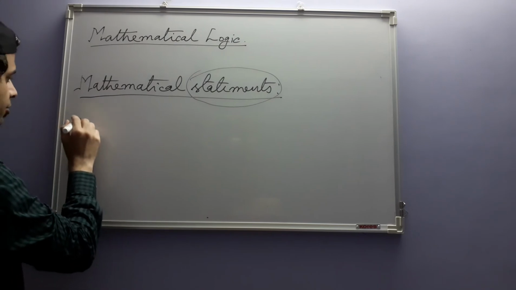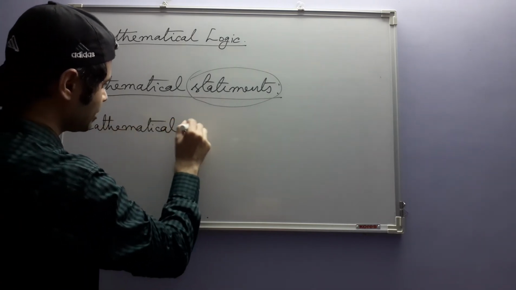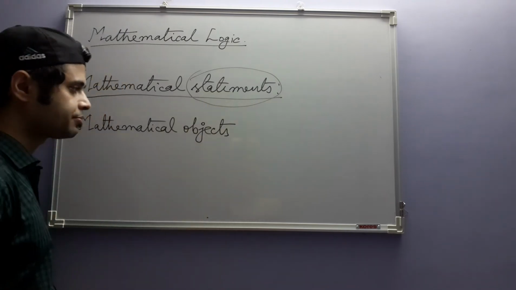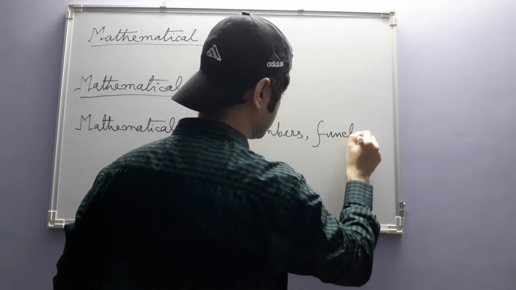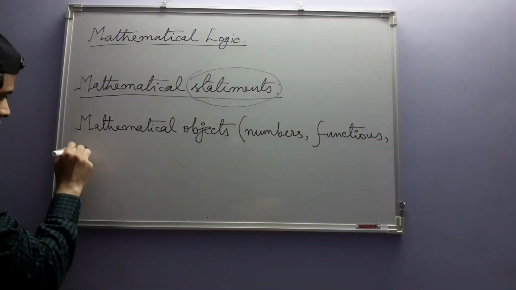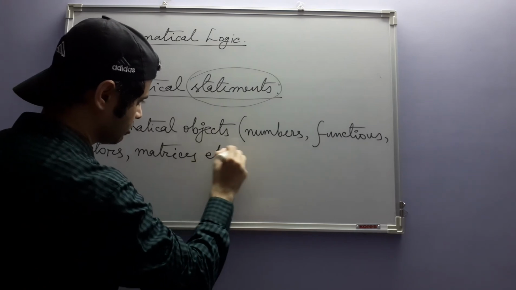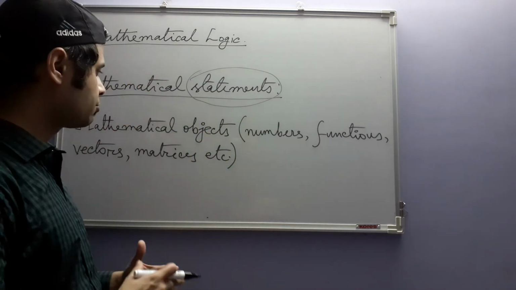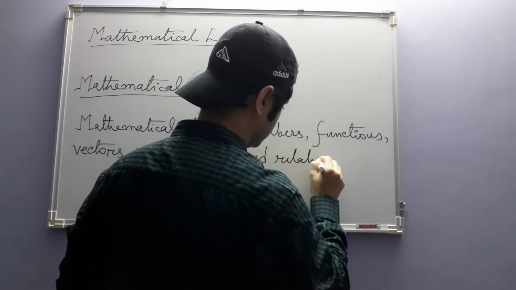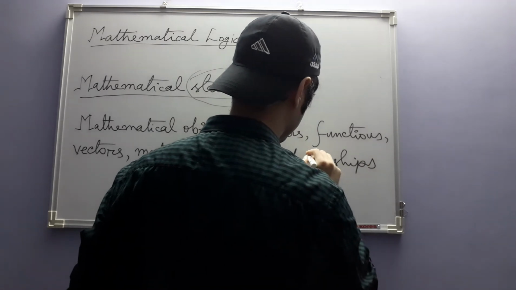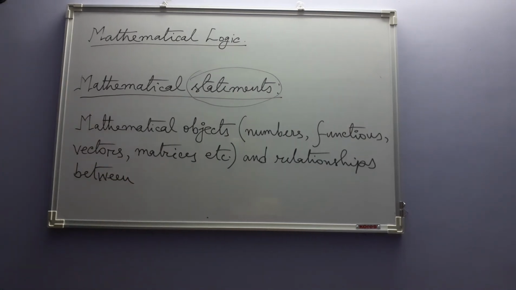So a mathematical statement is about mathematical objects, which can be numbers, functions, vectors, matrices, etc. So a statement is about mathematical objects and relationships between or among these objects.